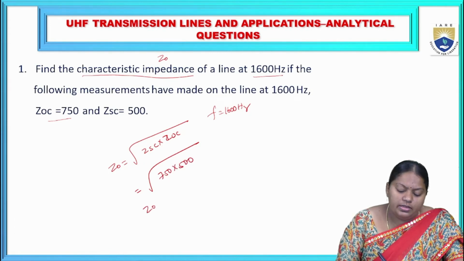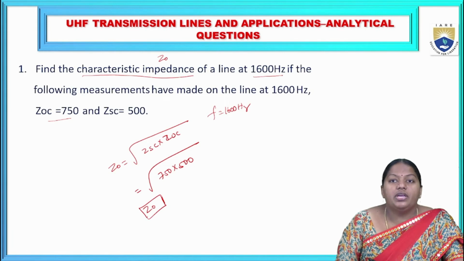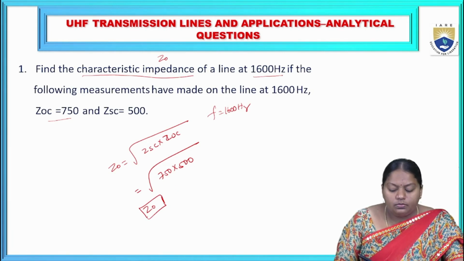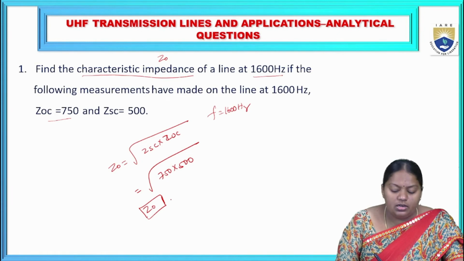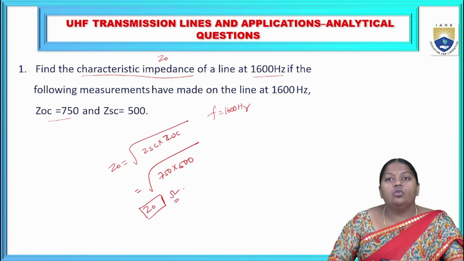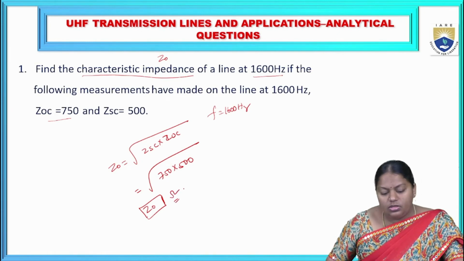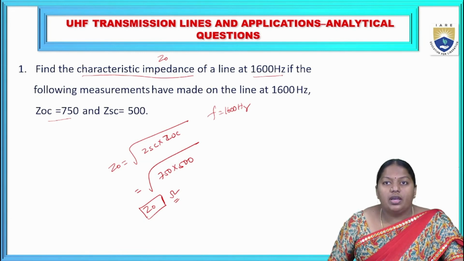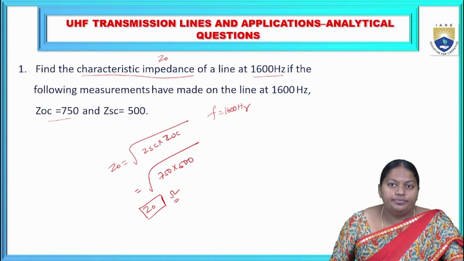Simplify this, and the Z0 value is obtained, which in general is measured in ohms. So this is the way we can find the characteristic impedance of a transmission line if the open circuited impedance and the short circuited impedance are multiplied.